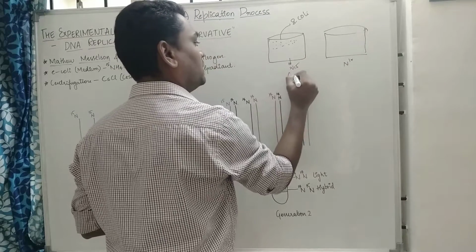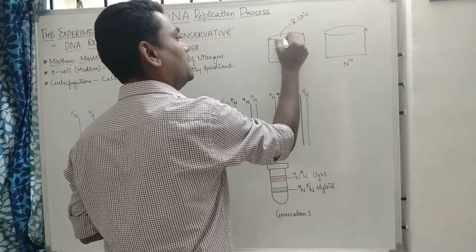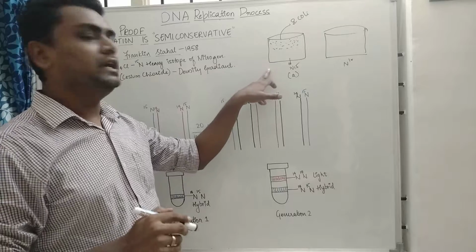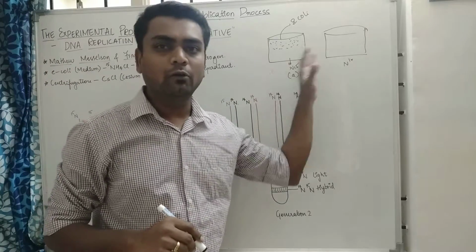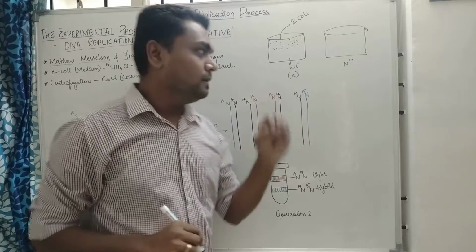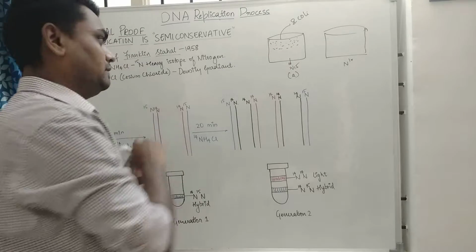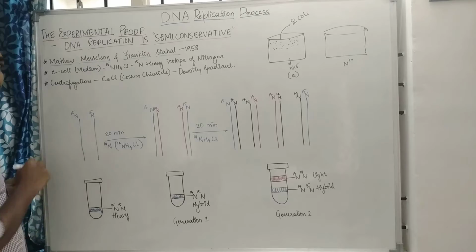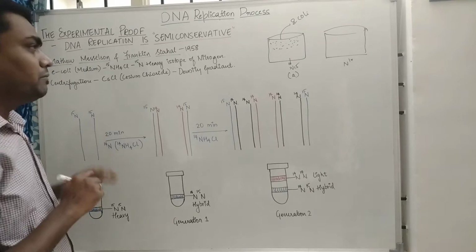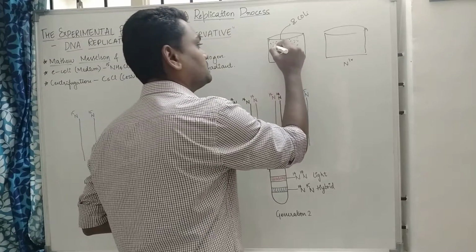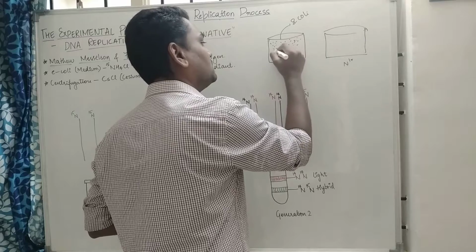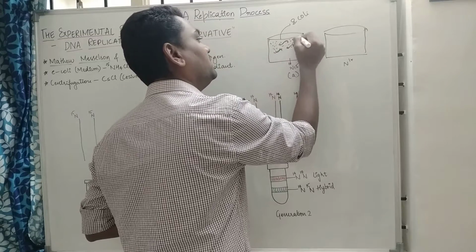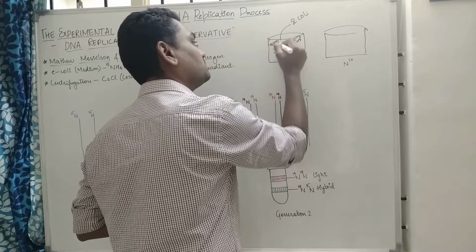For the time being, in case 1, they grew the E. coli bacteria in the N15 medium, the isotope medium, for a certain time. After that, they took the N15 E. coli, with N15 DNAs like this. These are all now converted E. coli with N15 isotopes.